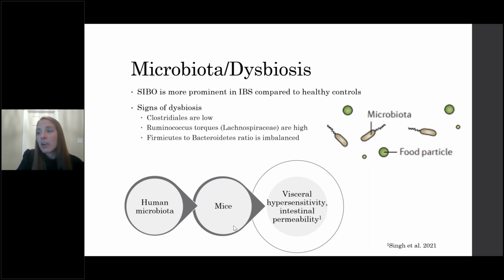And then at necropsy, they looked at different markers of visceral hypersensitivity and intestinal permeability, and they did indeed see that that was present after implanting those microbes. And so it continues to build those hypotheses in these animal models that the microbiota may be very much linked to the intestinal permeability and the visceral hypersensitivity that we see in this patient population.